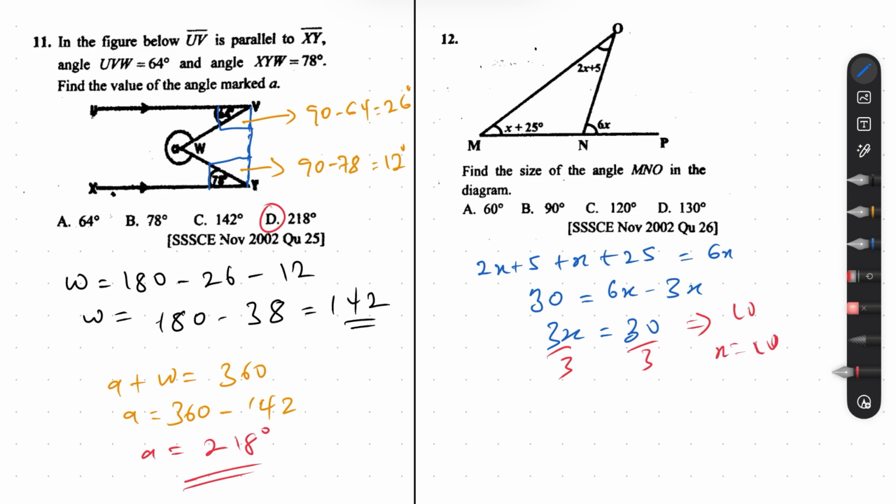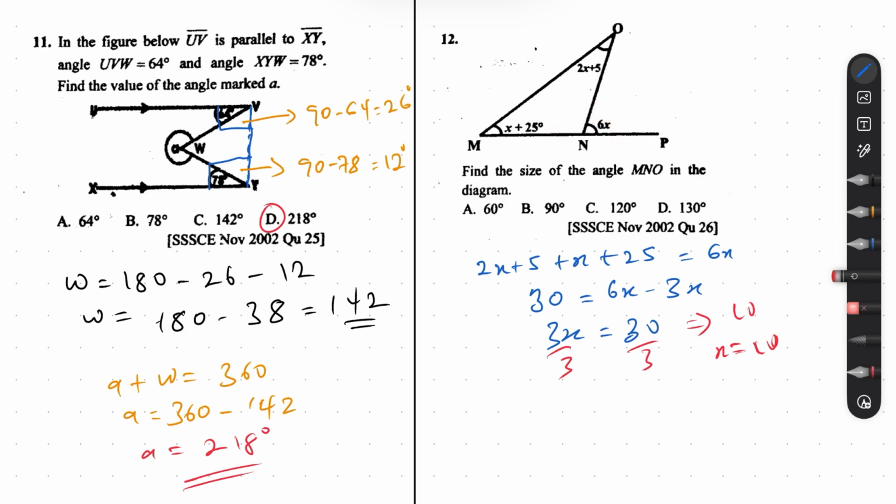Now how do you find the value of this angle here? If we find this supplementary angle, then we can find this, because the angles on a straight line give us 180.